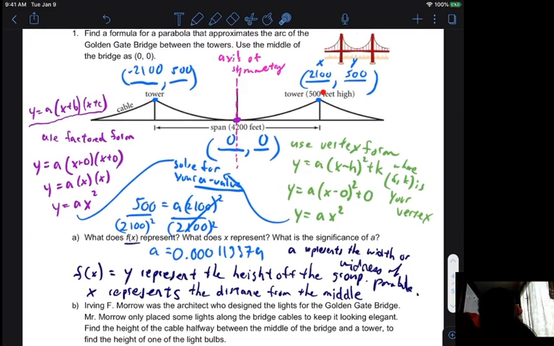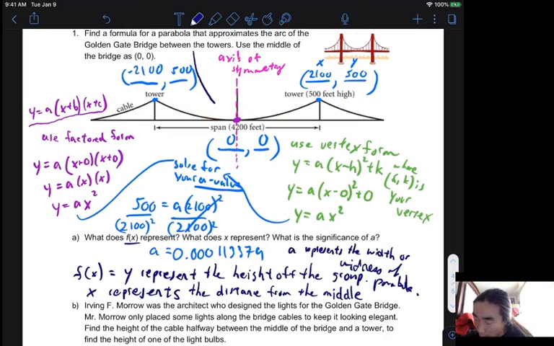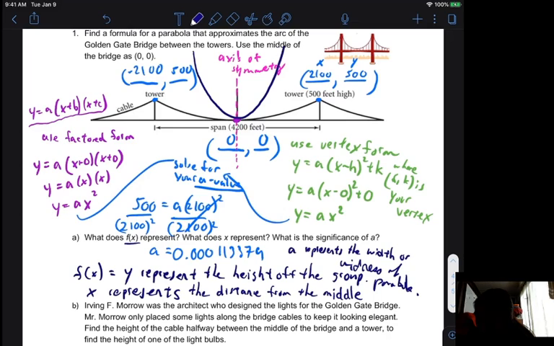Notice our parabola here opens up really wide. If you just had a equal to 1, you'd have a parabola that opens like this, y equals x squared. If you had something bigger than 1, like y equals 10x squared, it grows really quickly, kind of like what we studied about exponents.